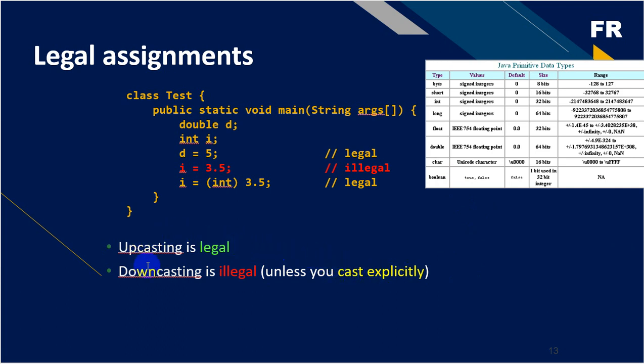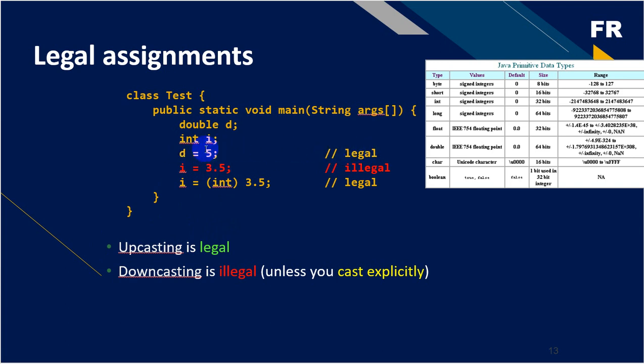Right? So I have discussed upcasting and downcasting with respect to inheritance, but if we consider the data types, the same procedure is applicable with respect to data types as well. As you can see, I have declared int i, and there is another variable, double d. So I am assigning d = 5.